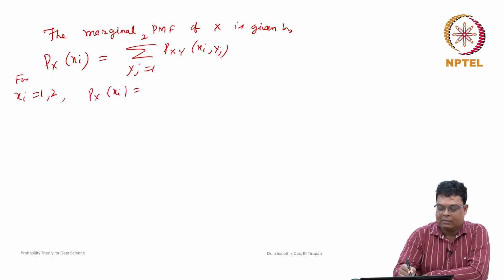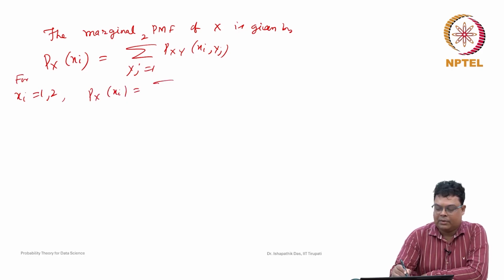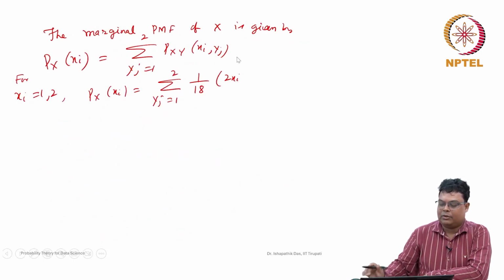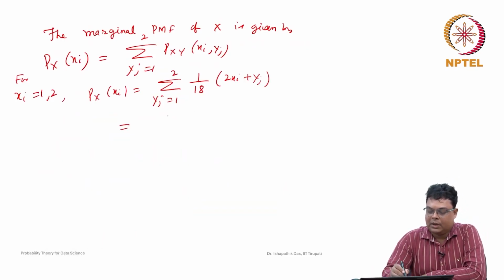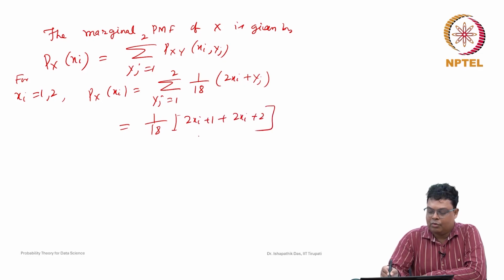So p_X(x_i) is the summation over y from 1 to 2 of 1 by 18 times (2x_i + y_j). This is nothing but 1 by 18 into (2x_i + 1) plus (2x_i + 2), which is (4x_i + 3) by 18. So this is the probability mass function of x_i.